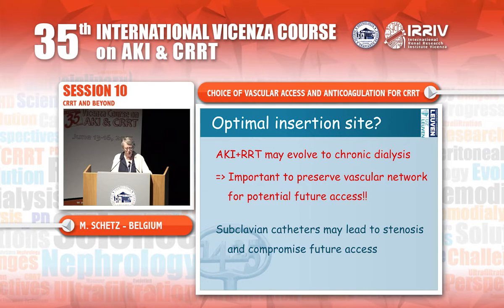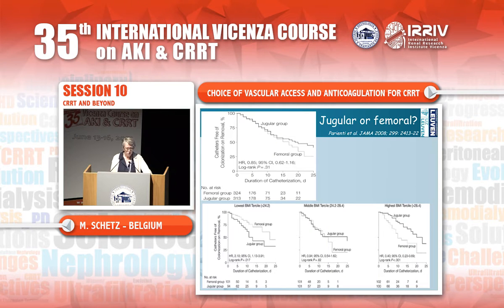From the chronic dialysis population, we know that subclavian catheters may lead to stenosis, and this will compromise the creation of future access in the ipsilateral arm. So for dialysis catheter, the question is jugular or femoral. And this is a French randomized trial showing that the time to colonization is not different between the femoral and the jugular.